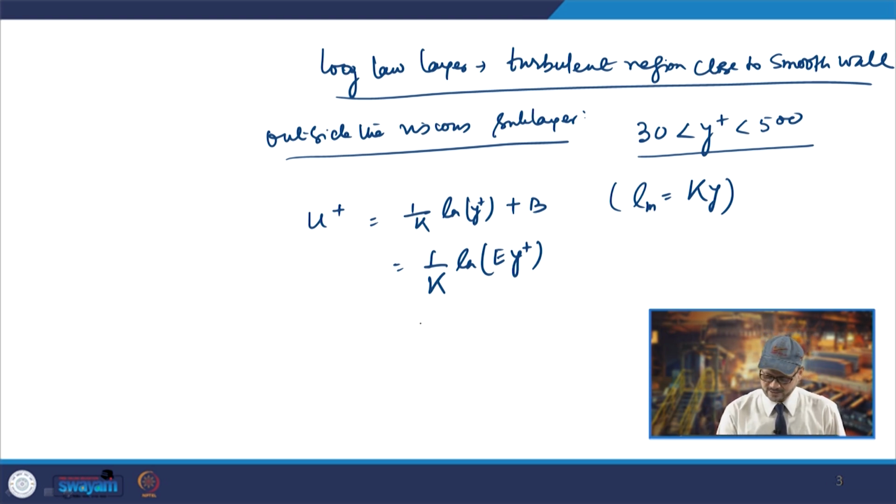This kappa is known as the von Karman constant, and b is 5.5, or you can have E value as 9.8 for smooth walls.